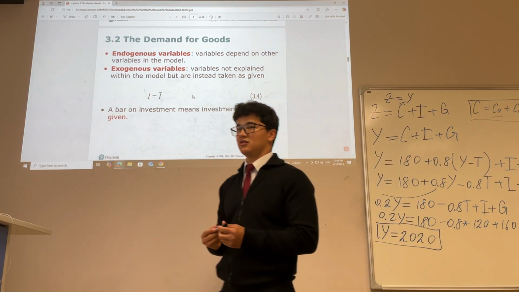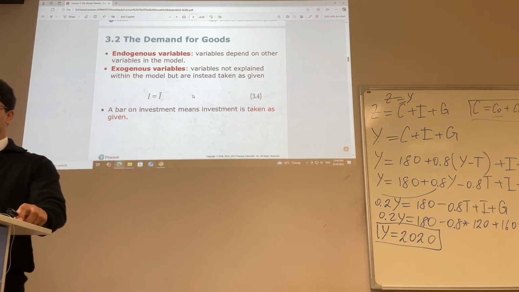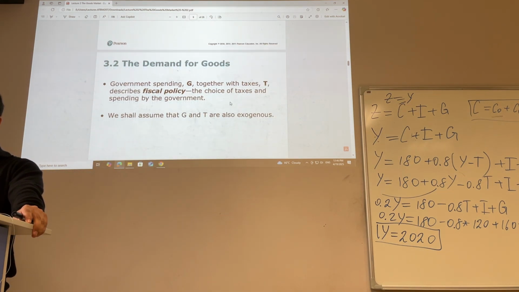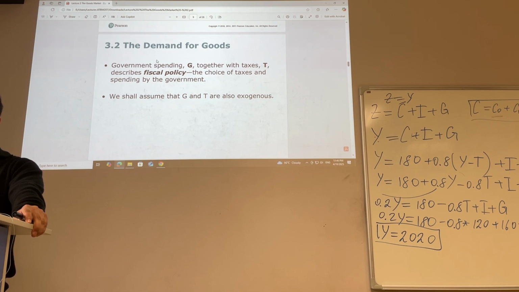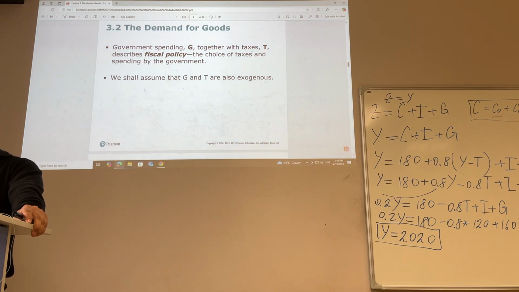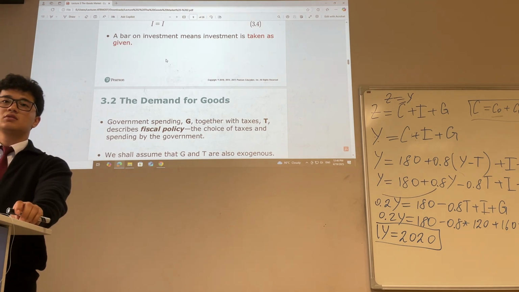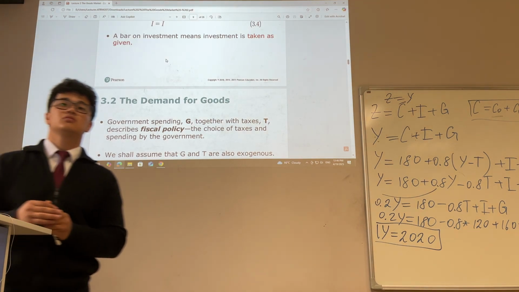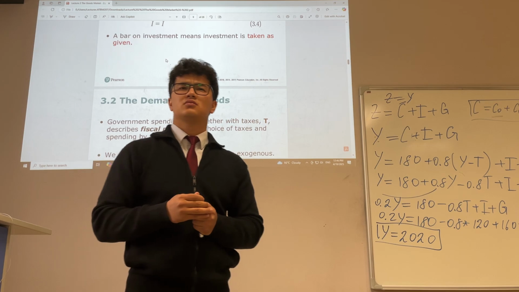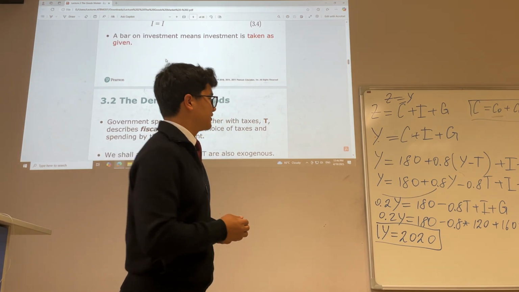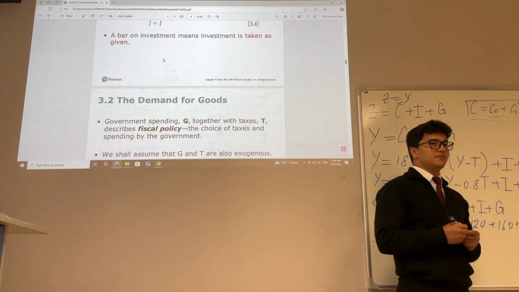It's independent, not dependent on other variables. That's something you need to know. Exogenous is given, or sometimes you need to find it. It doesn't depend on something.